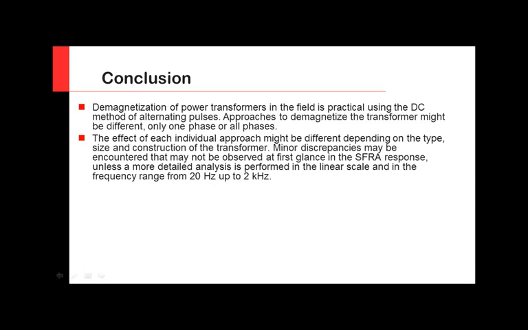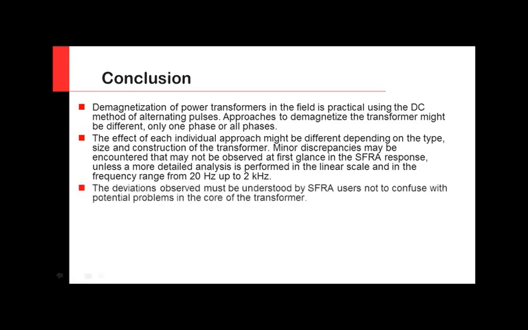If you go into a little bit of a microscopic analysis and you start looking into more detail, then you will see that there are these little magnitude or frequency deviations that are really not affecting your analysis at all. So the idea is to show you that the deviations observed must be understood by SFRA users, not to be confused with potential problems in the core of the transformer.